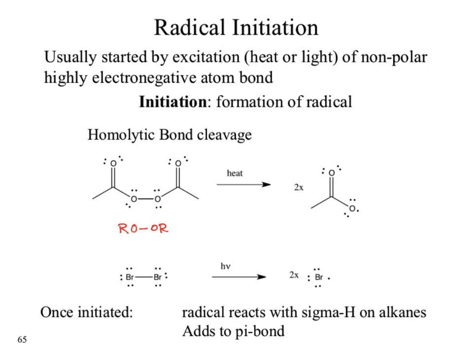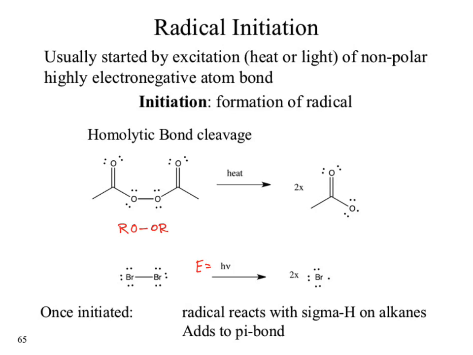Okay? And it is typically ultraviolet light, so you may see it written as H nu, which, if you don't remember all the way back in general chemistry, is the energy from the electromagnetic spectrum. So it's just saying hit with light.